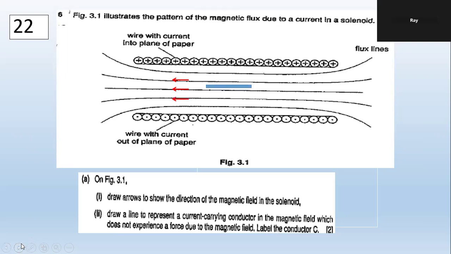Parallel to the field, no force. Only at an angle there's a force.